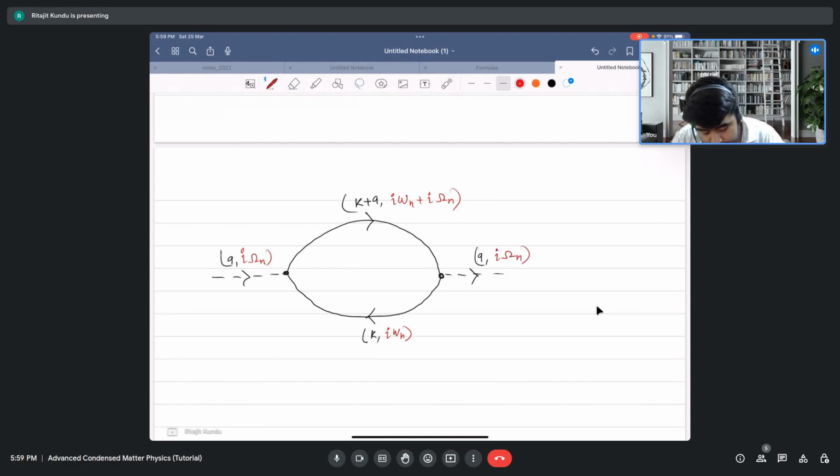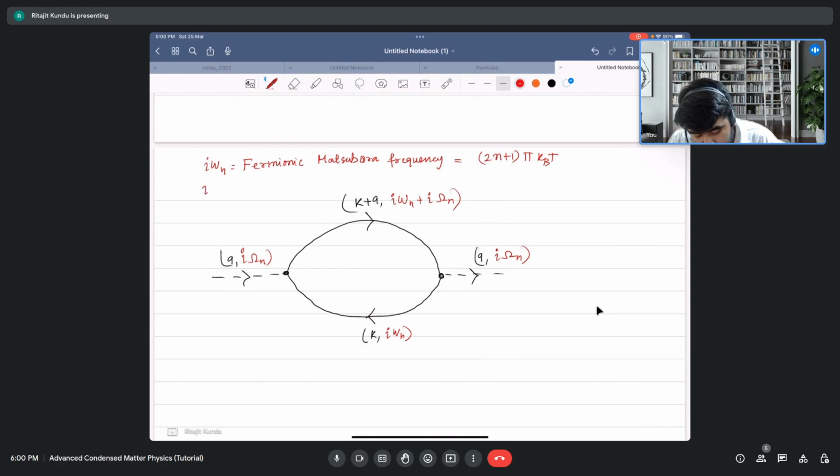This i omega_n is a fermionic Matsubara frequency. Why is it fermionic? Because this is a frequency of a Green's function, and the Green's function is for fermions. So this momentum and this frequency are for fermions. That means i omega_n will take values of (2n plus 1) pi k_B T.